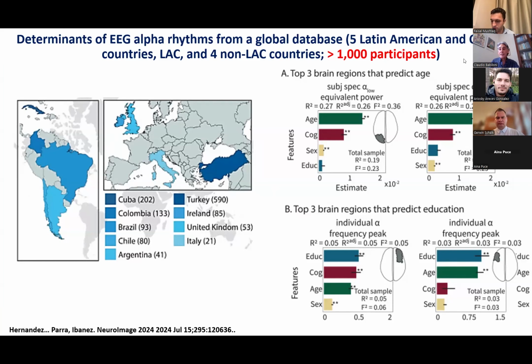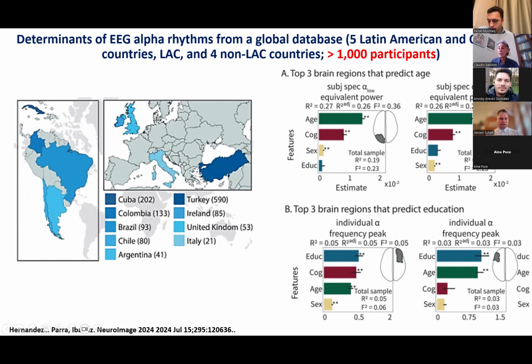And the first finding I present to you is related to the association between the Berger's alpha rhythms in eyes-closed condition and several important variables, showing the importance of alpha rhythms in the resting state recording to investigate brain changes during aging. You can see in the graphs on the right side that there was a strong association between alpha power in occipital and parietal regions of the source space.